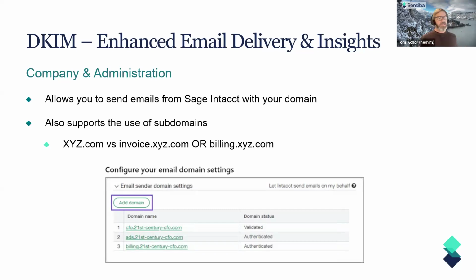You need somebody who is in charge of your domains at your organization to provide the authentication to put back into Sage Intacct. Once that's set up, that should fix your issues if you've had any with getting emails delivered, and it will also activate the new email log in your company page in Sage Intacct, your company module.